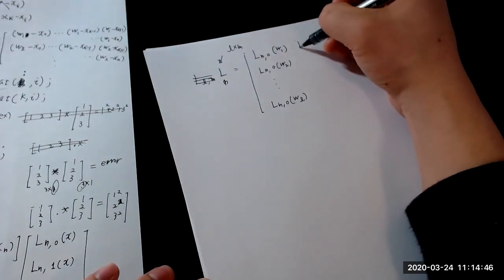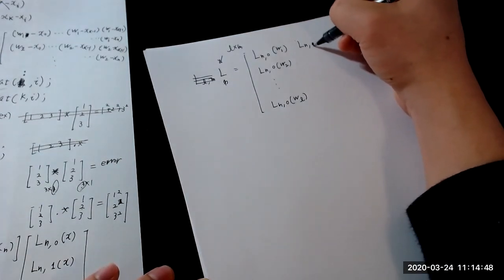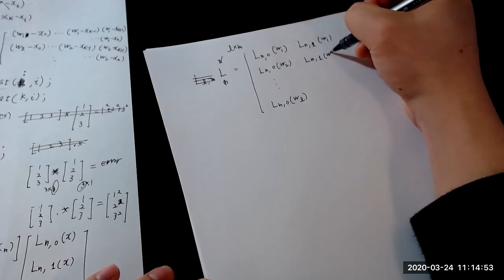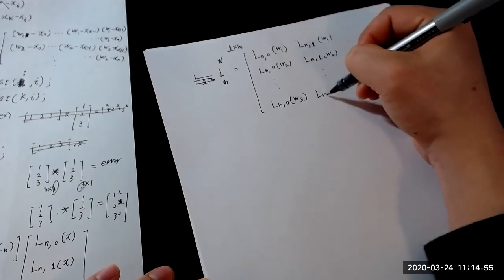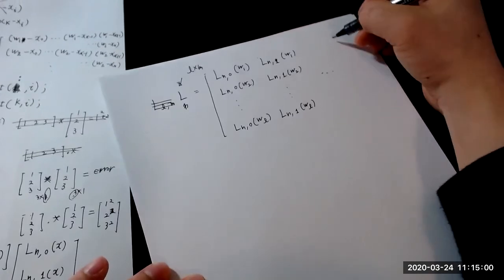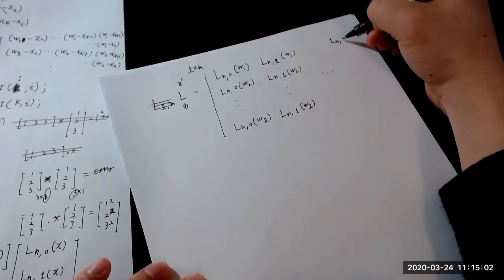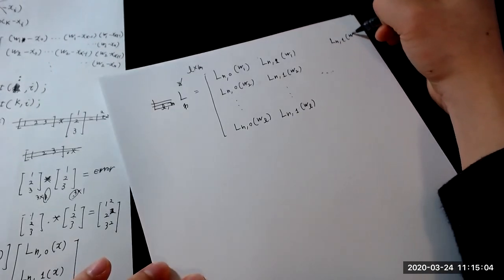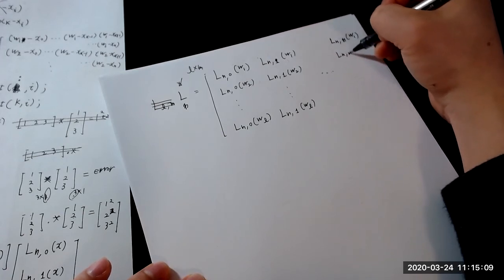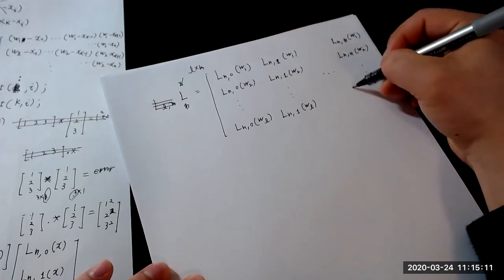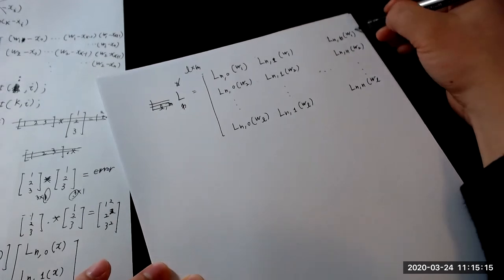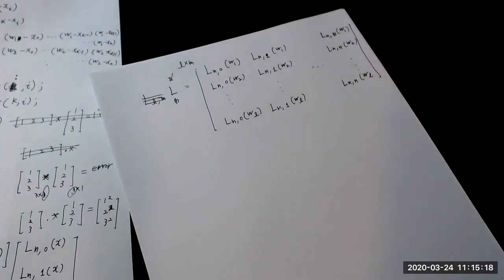The second column is going to be L_n,1 of W1, L_n,1 of W2, and L_n,1 of WL. The last one is going to be, not 1, I'm sorry, n: L_n,n of W1, L_n,n of W2, and L_n,n of WL, right? Now you see that?